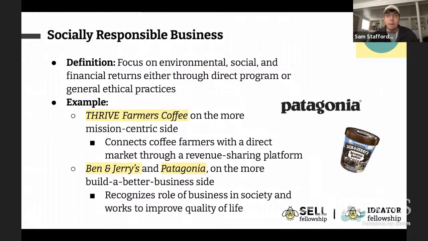By being big businesses in those spaces, they can pay their employees well, have diversity and inclusion programs, use good quality products, and not use a lot of plastic. It recognizes the role that businesses in society play in working to improve quality of life.